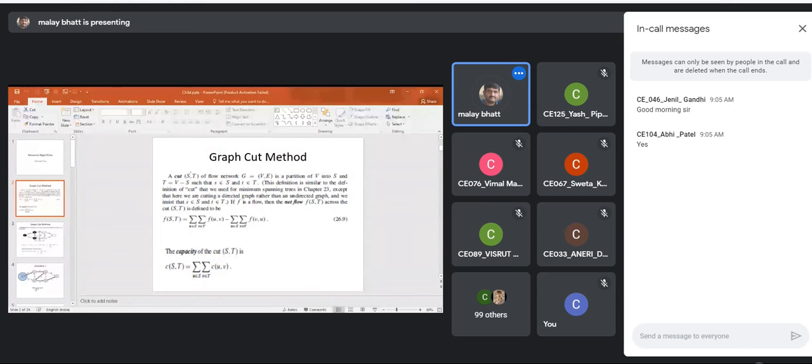That is the edges which are the inflows. So outflow minus inflow between the two parts is known as the actual flow of the cut.